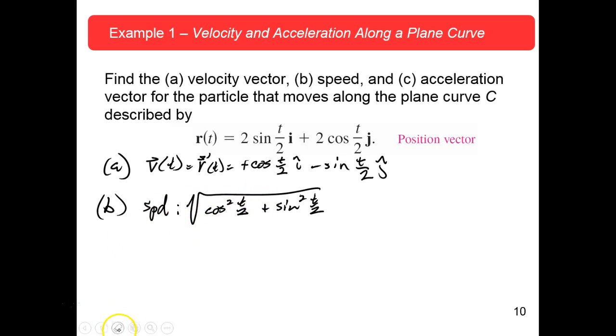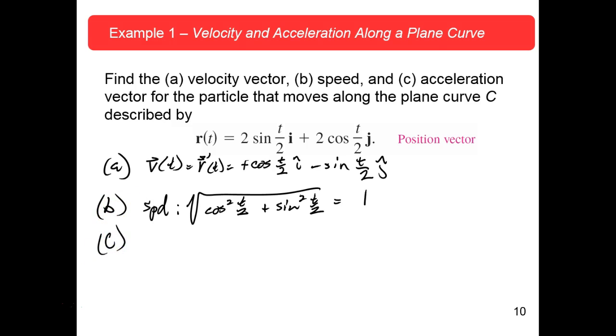Okay. And what is that? Sine squared plus cosine squared is 1, and the square root of 1 is 1. So, by the way, the velocity vector is therefore a unit vector. Believe it or not, magnitude 1. Speed of 1.